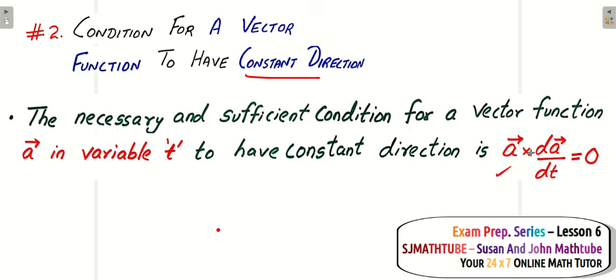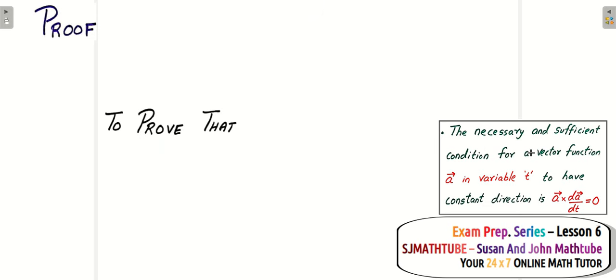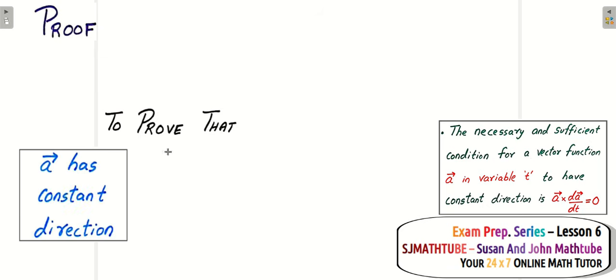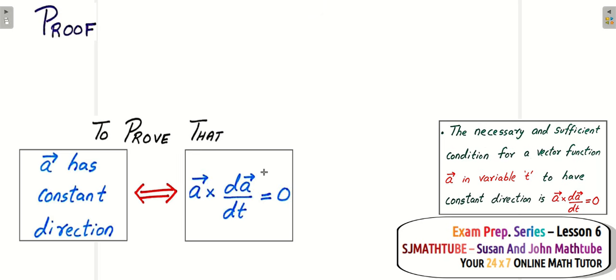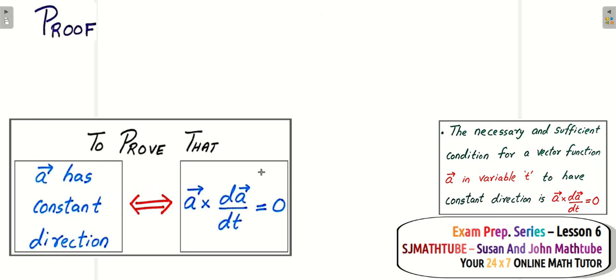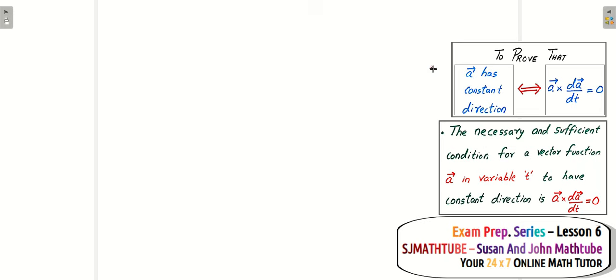And it's a necessary and sufficient condition, so I'm going to write in the biconditional style. I don't like writing necessary and sufficient, so I'll make it if and only if condition. So A has constant direction if and only if A cross dA by dt equal to 0, and I'll keep it on the right side of the screen.